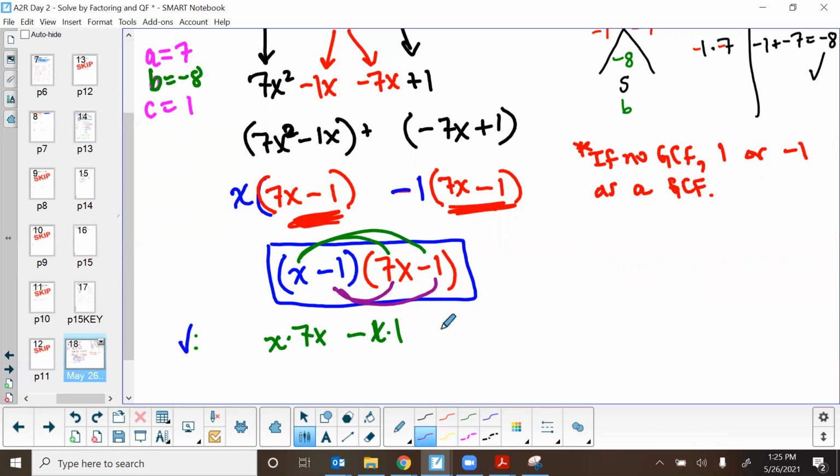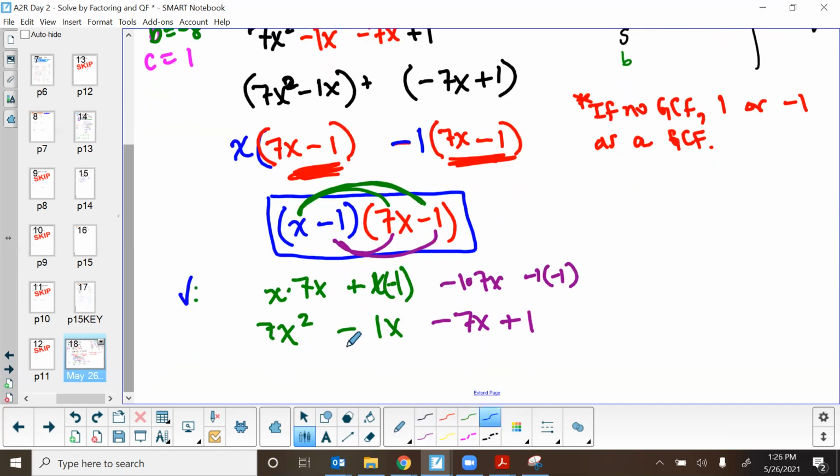So -1 times 7x and -1 times -1. This was really a positive x times a -1, if I want to be real specific. So I get 7x squared minus 1x. And over here, I get minus 7x, because this is a multiplication sign, and then plus 1.